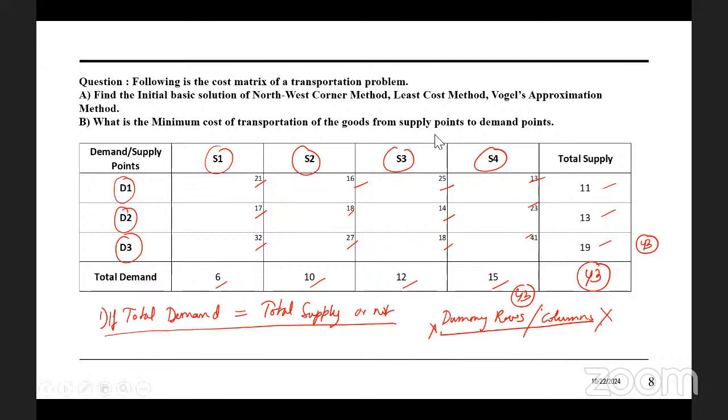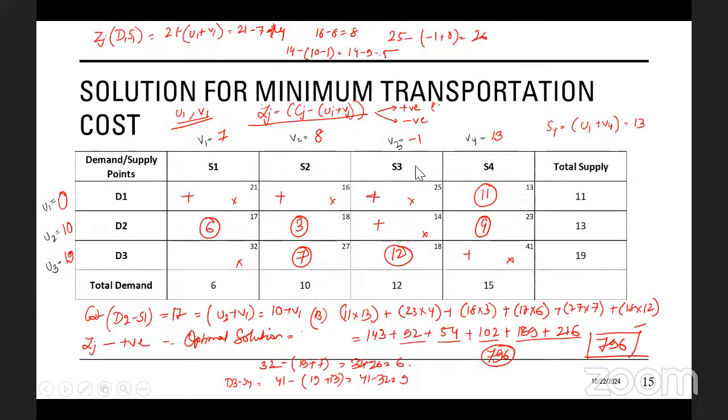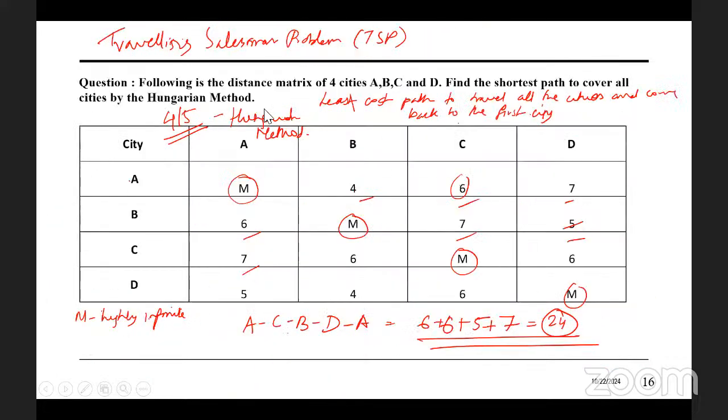And then we find the final cost of the transportation. So here, we found out that the minimum cost was 796. And finally, we have discussed the traveling salesman problem using the Hungarian method, and found out the least cost path between the cities using the distance matrix of the cities.